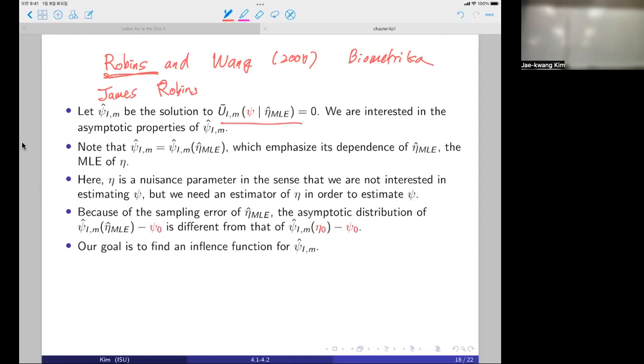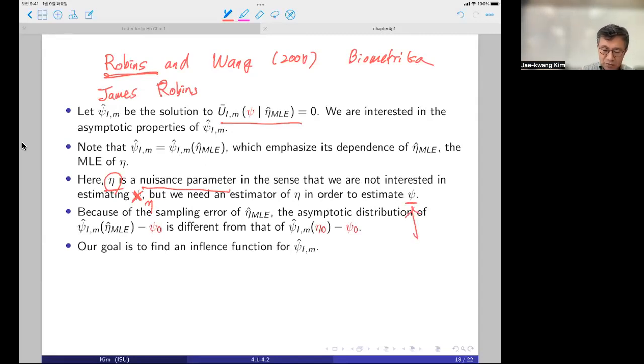So you are interested in estimating psi, right? But to compute it, you need to first estimate eta. This kind of problem happens a lot in statistics. So we call eta a nuisance parameter, in the sense that we are not really interested in estimating it.